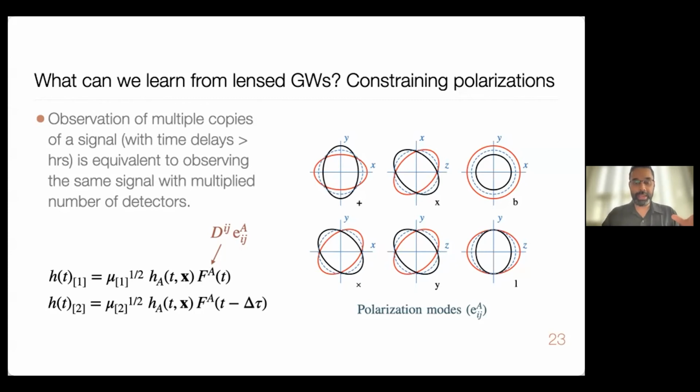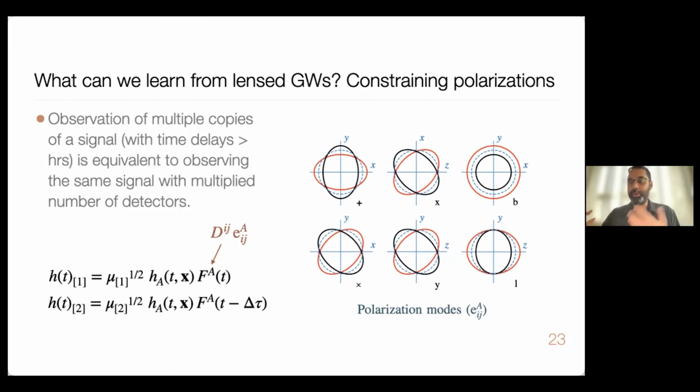And if you want to now test whether this polarization content is consistent with the GR prediction, one has to rule out the presence of additional polarization modes. And there are ways of doing it. But it would involve measurement of multiple linear combinations of these polarizations. And even with KAGRA and LIGO India, one will have essentially 4 different linear combinations. And in general, metric theories of gravity can account for up to 6 polarization modes.